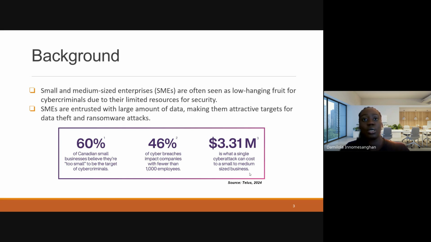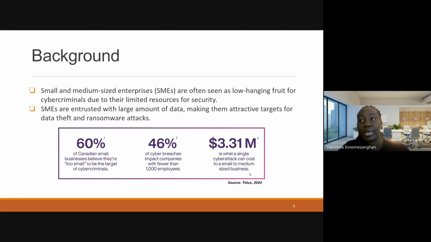The most common cyber attacks impacting small and medium-sized enterprises are phishing scams, which often lead to data theft, and ransomware attacks.